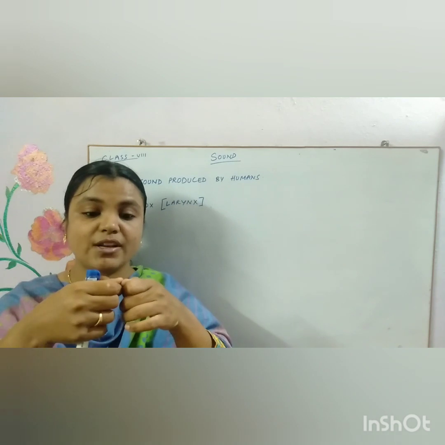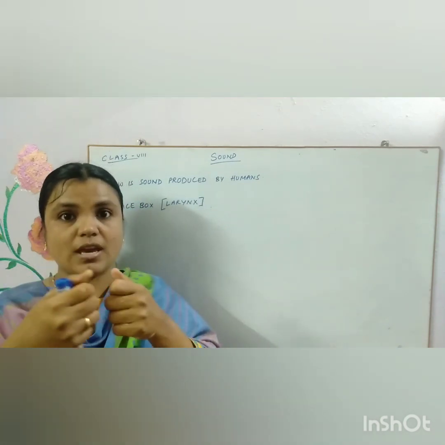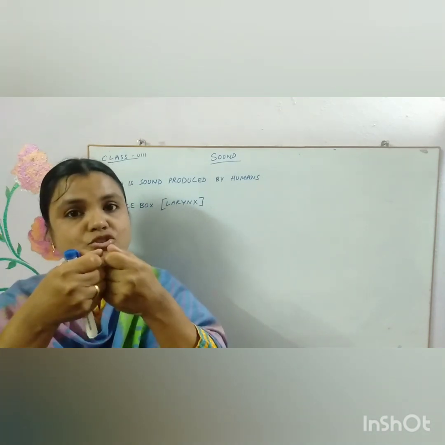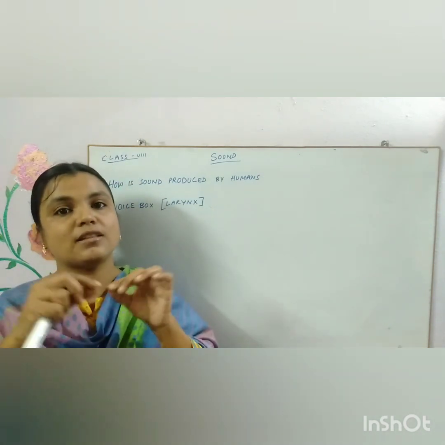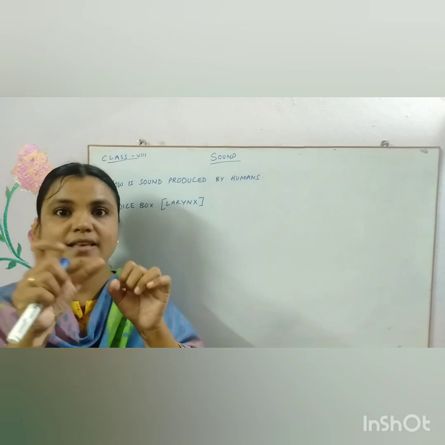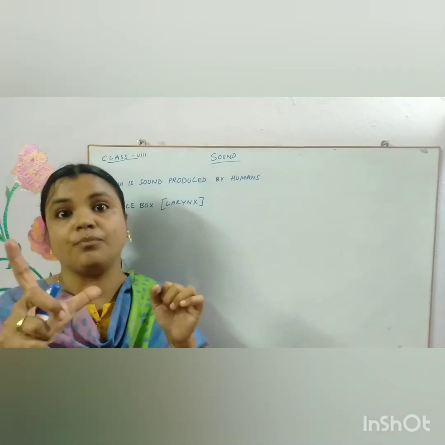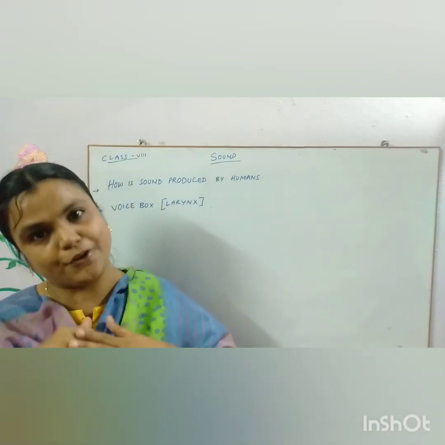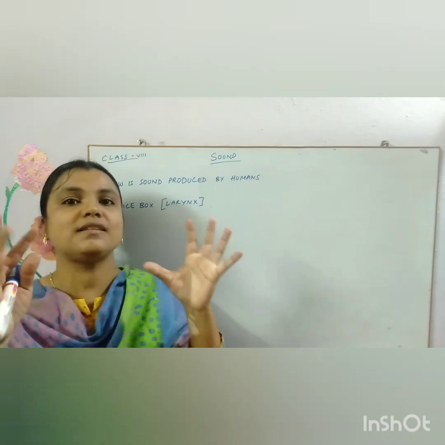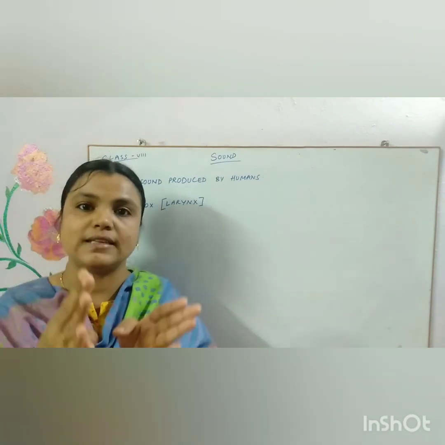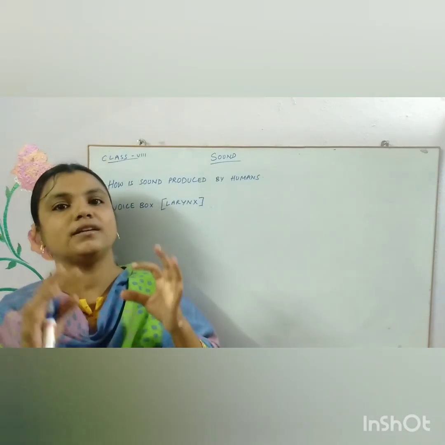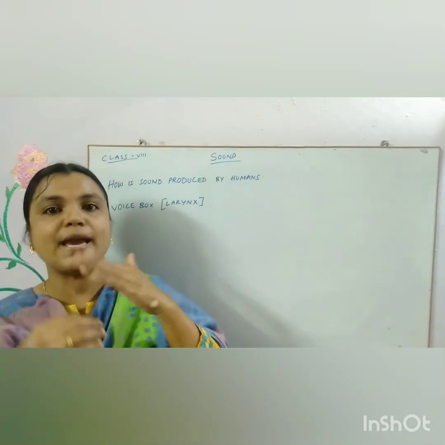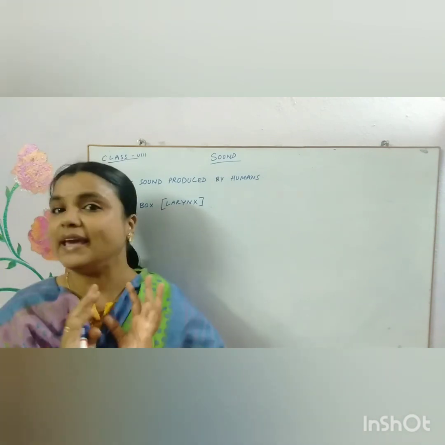So when the muscles stretch the vocal cords, you will see that the vocal cords stretch as well as become thinner and tighter. When they are tighter, they produce one kind of sound. And when the muscles let these vocal cords go a little loose, then they become a little thicker and loose, and the type of sound that comes out of them will be different.